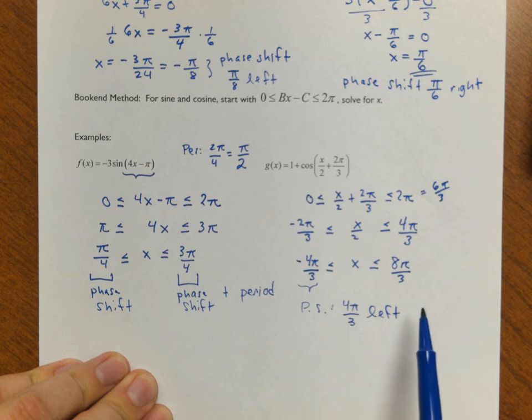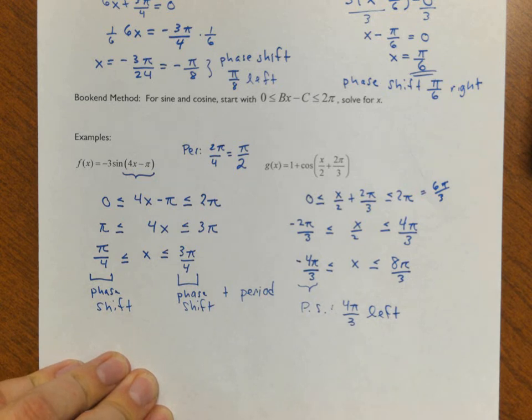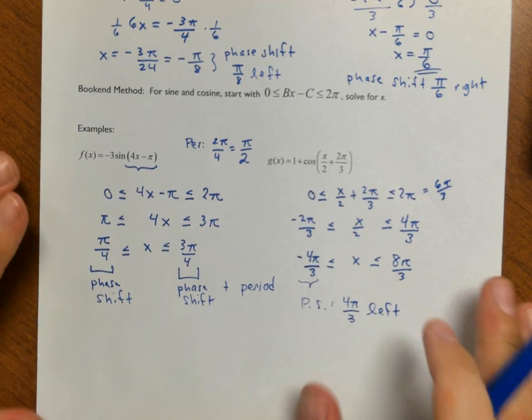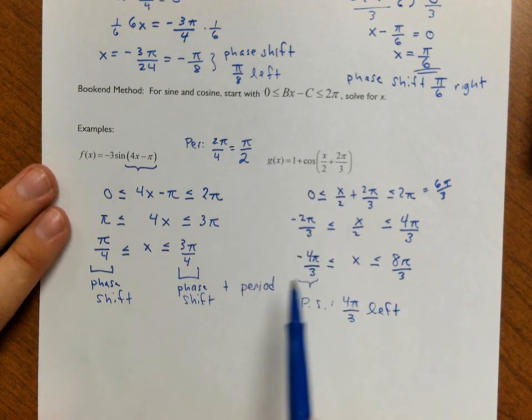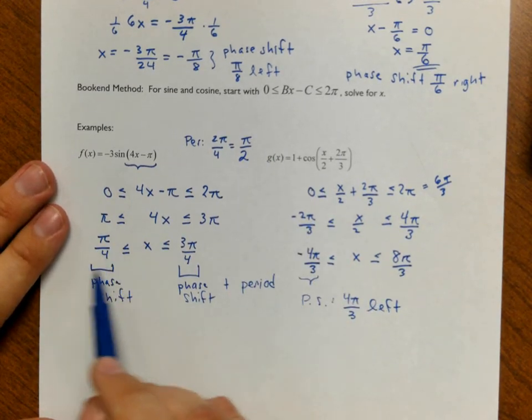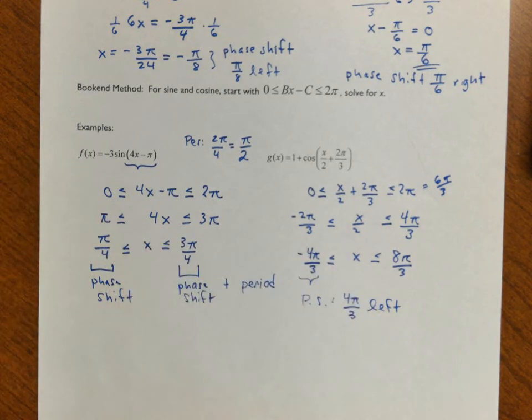I'll have several points in the intermediate space, and then I will end my graph at 8 pi over 3. Again, that will make more sense when we see graphs. I do want you to focus on this method and learning this and understanding that what we get here, the phase shift is always described on the left-hand side for sine and cosine.